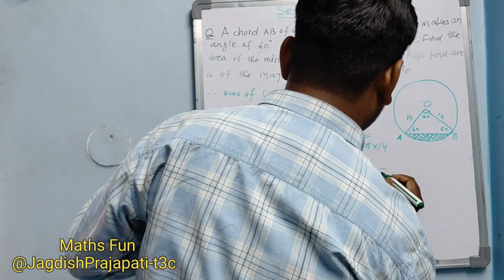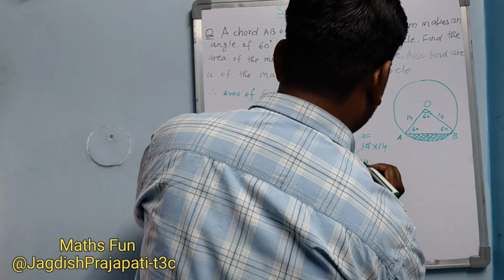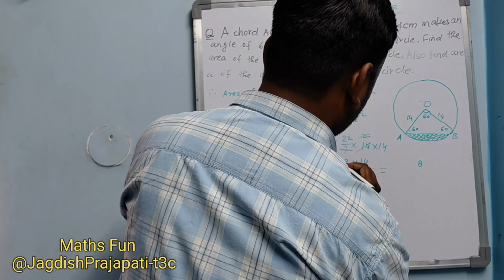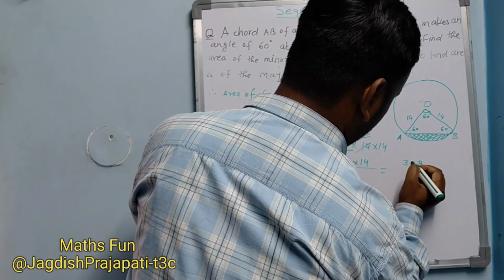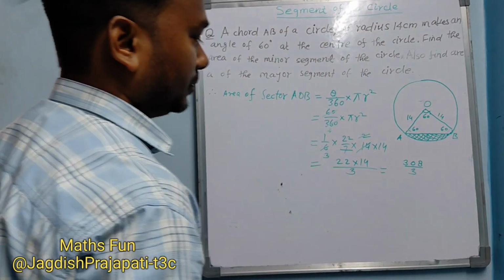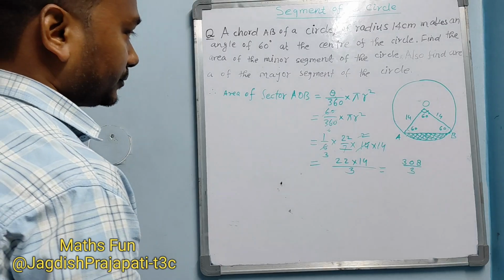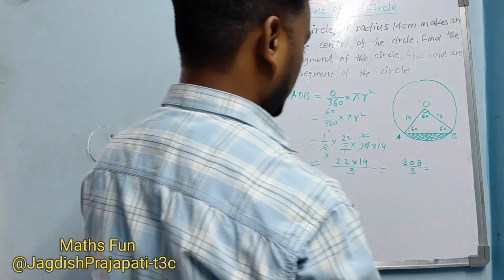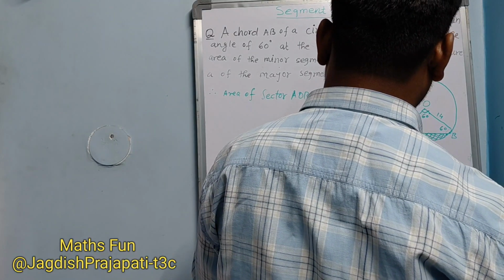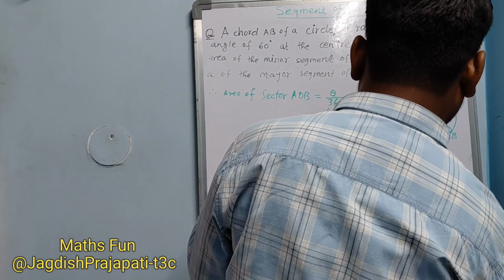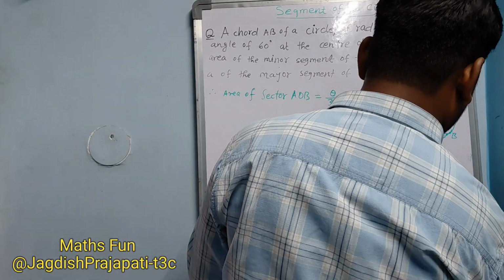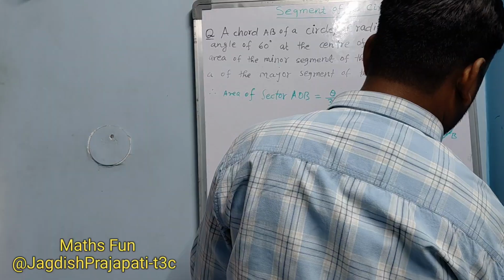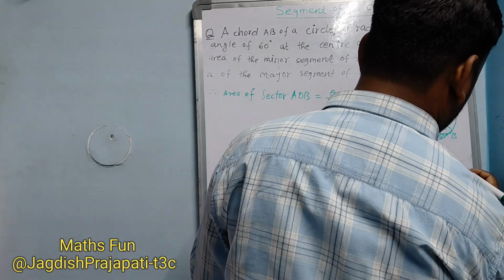Okay, so this will be 14 twos are 28, 14 twos are 28, and 2 threes are 30, by 3. So now this becomes 3 ones are 3, 0, 3 twos are 6, 3 sixes are 18.